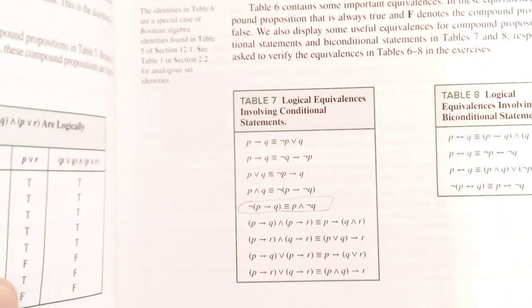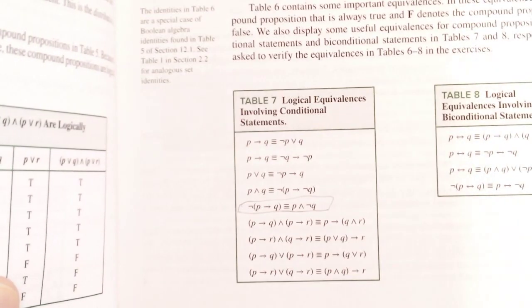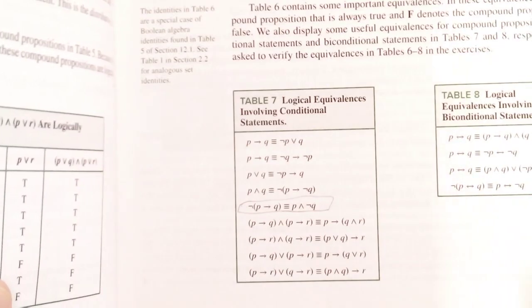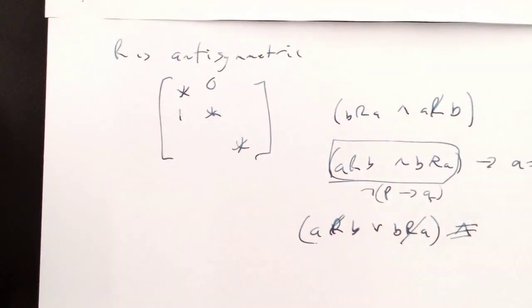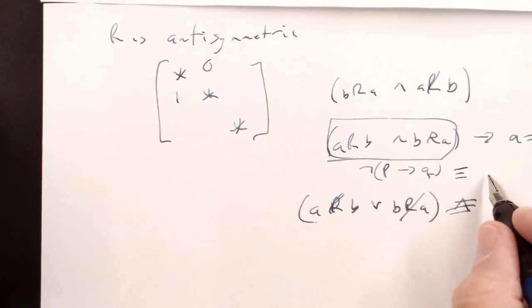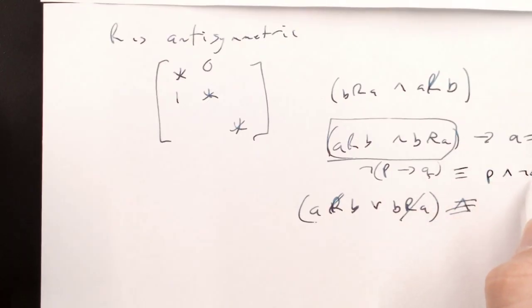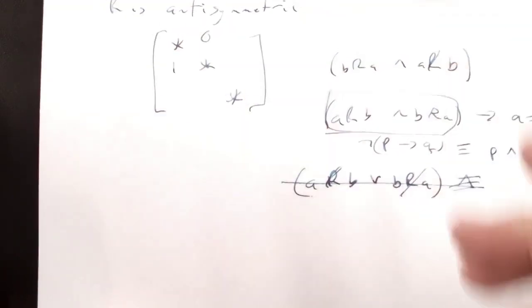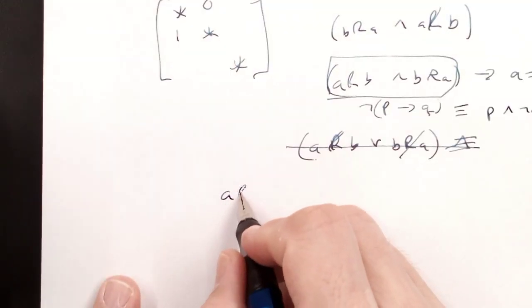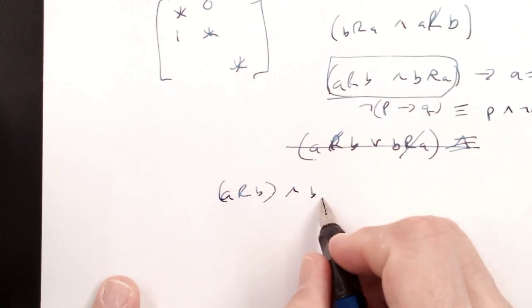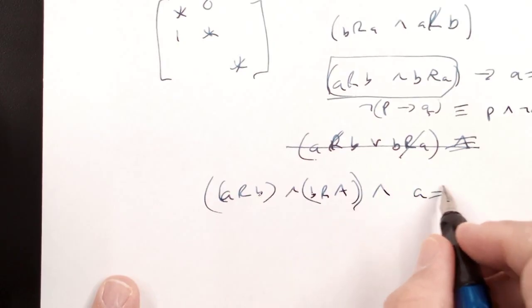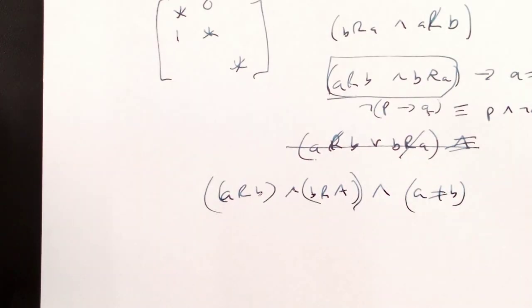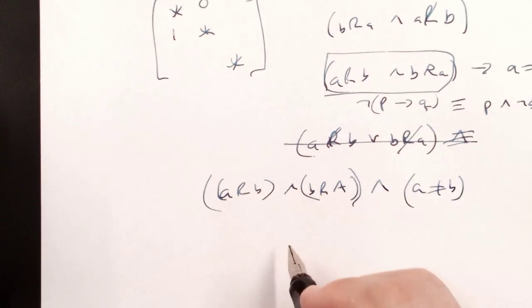So if I had two 1s off the diagonal in symmetric spots, that means that it is not antisymmetric.